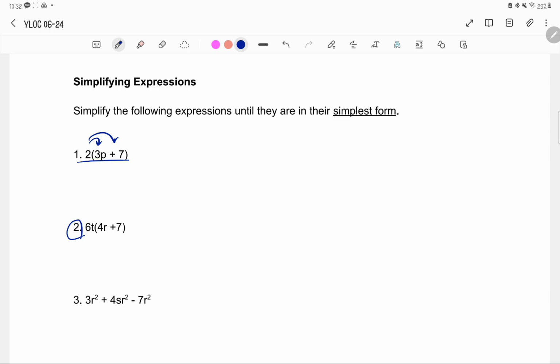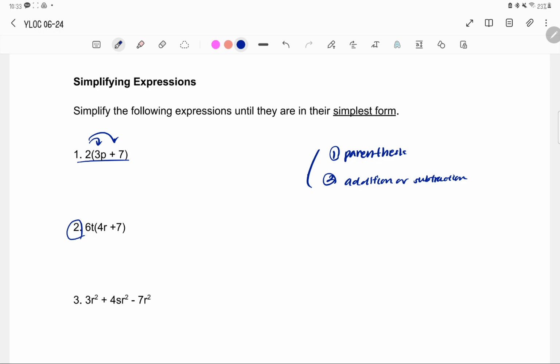First of all, parentheses. That's the first thing you need to look for. And next, there's addition or subtraction inside of the parentheses.